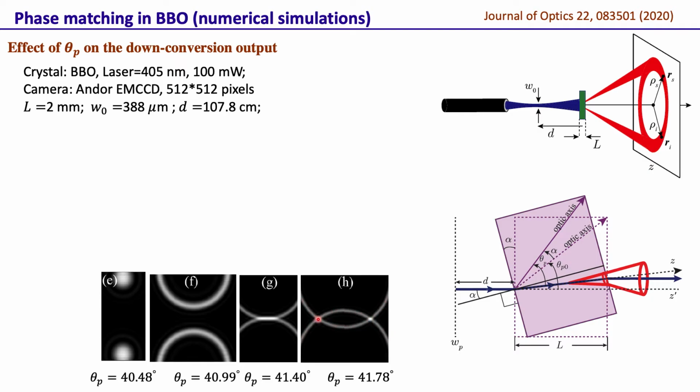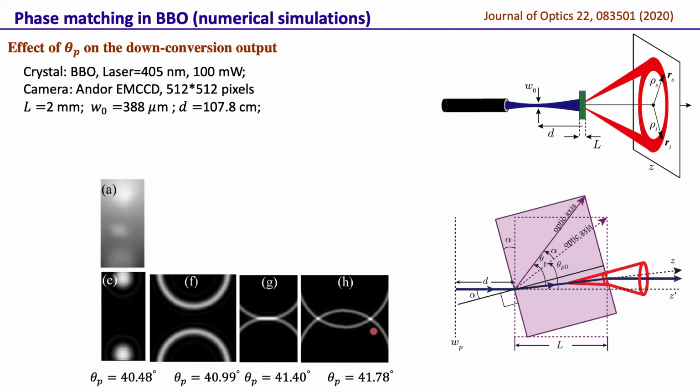But if we look at these two spots only, and we detect that this one is ordinary, then this one becomes extraordinary, and vice versa, because these are the overlap points. So if you see an ordinary, we don't know which way it actually comes. So if you just pick up photons from this point and that point, this becomes a source of polarization entangled photons.